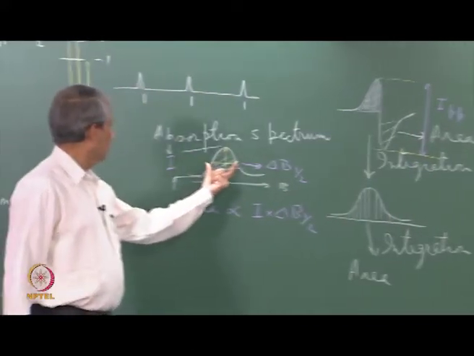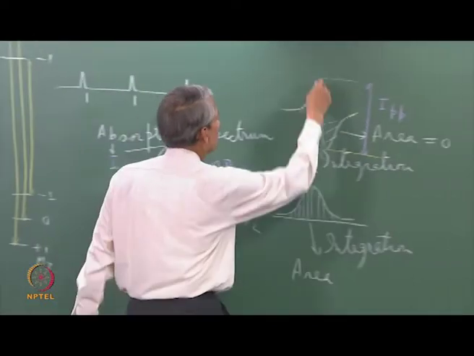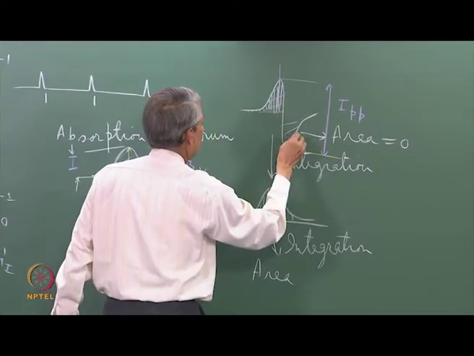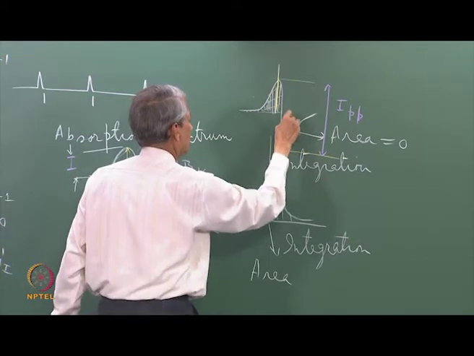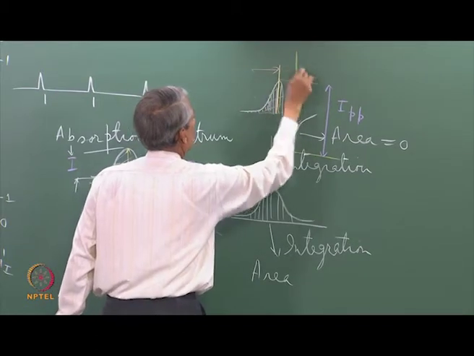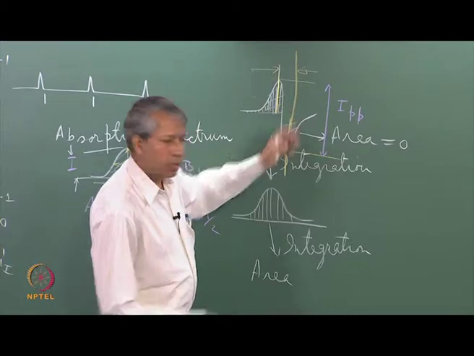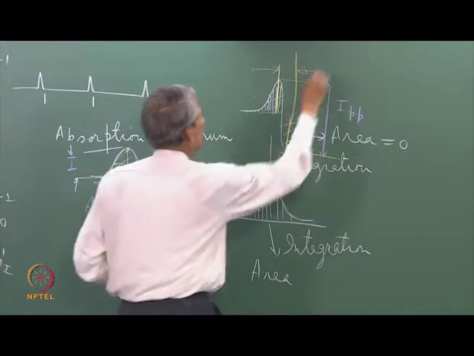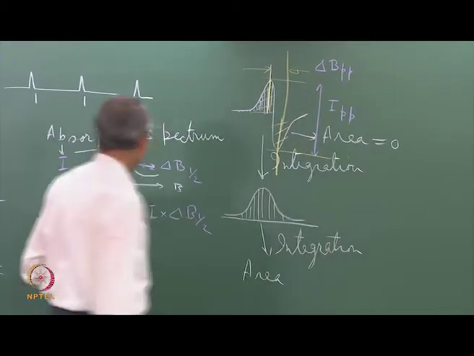And in an analogous manner to the width that is used here, we can define a width from this to, maybe we will use a different color, this to this. So you could extend this width from this peak position to this peak position, and I call it delta B peak to peak.